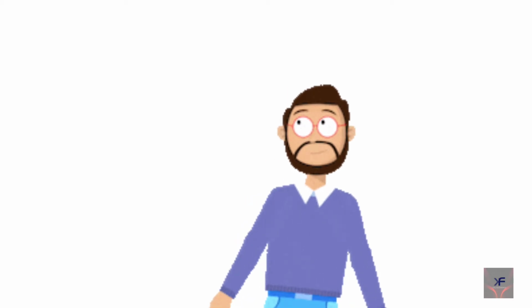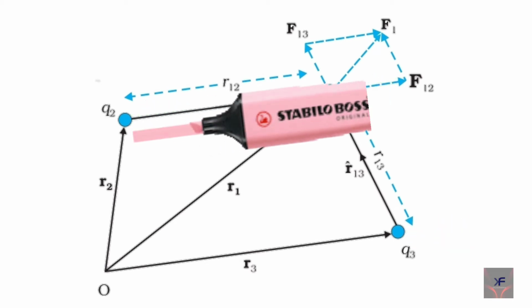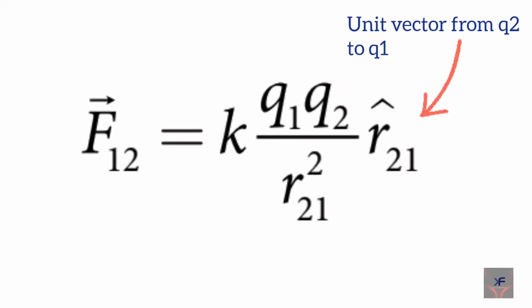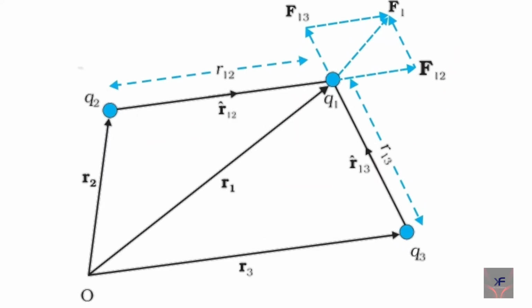Let's consider a system of only three charges q1, q2 and q3. When q1 is acting on q2, we get the force as shown, where r2,1 vector is the unit vector from q2 to q1 along the line joining the two charges, and r2,1 is the distance between the charges q1 and q2.